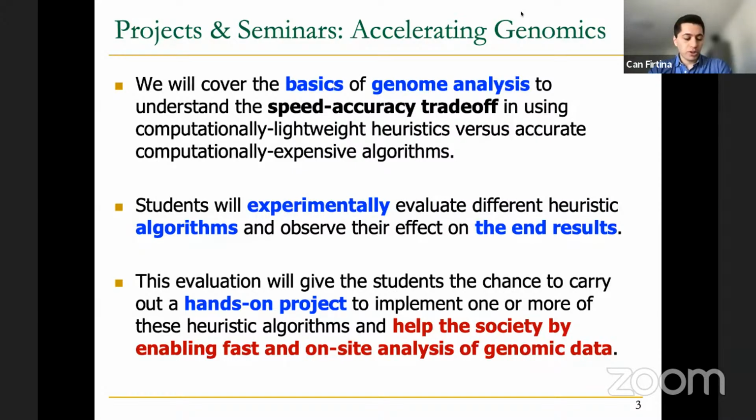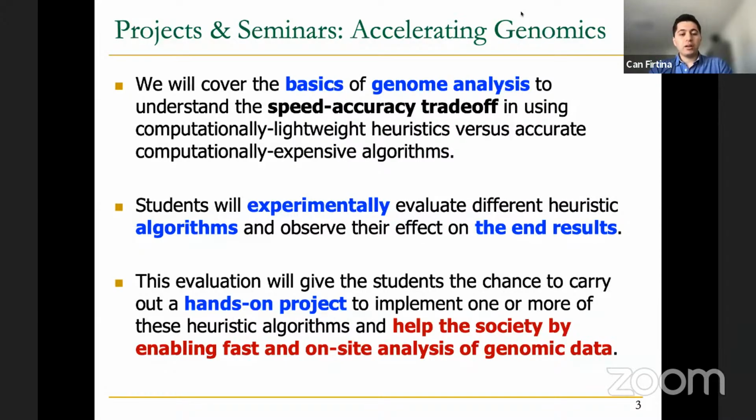For example, when you apply a certain heuristic, you're going to see that the step is really fast, but maybe it's not that accurate. And then you're going to decide, okay, I want a really accurate answer from this step, so I want to apply an optimal algorithm, let's say. So you're going to be really experimenting with these different algorithms in different steps of the genomic analysis.